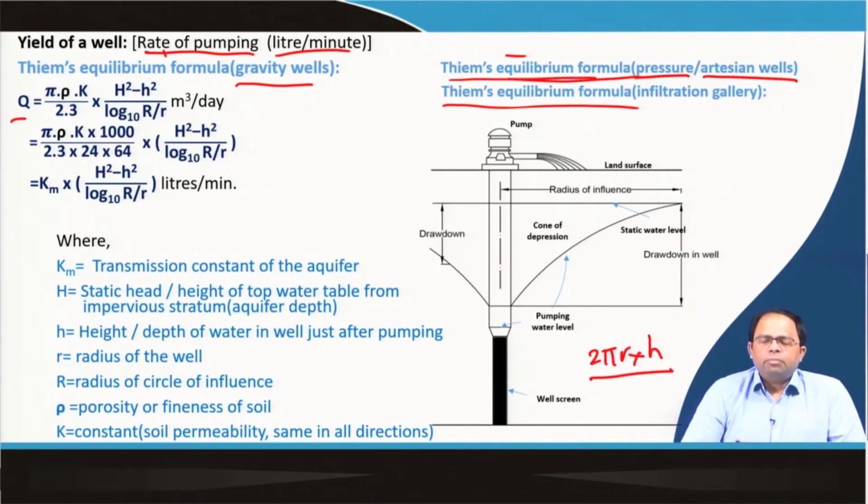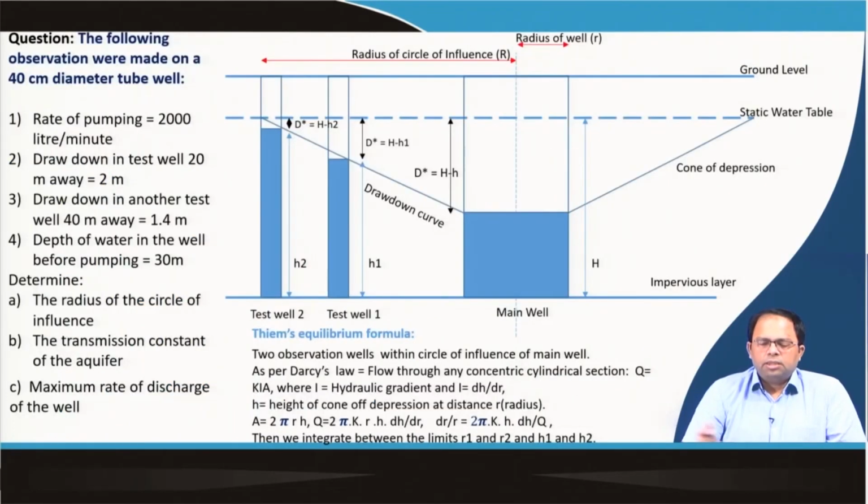So when Thiem derived this formula, what he did was, I will just go to the next page. In this particular case, for example, this is the main well, you can see over here, and two test wells were actually dug at certain distances from this well. Let us assume that this is test well 1 and test well 2.